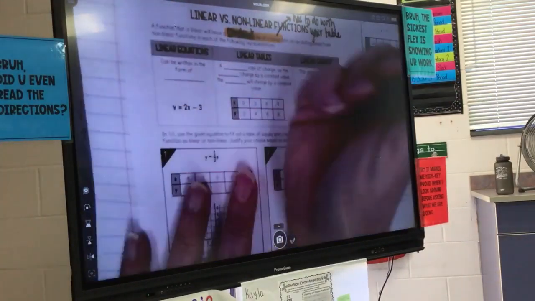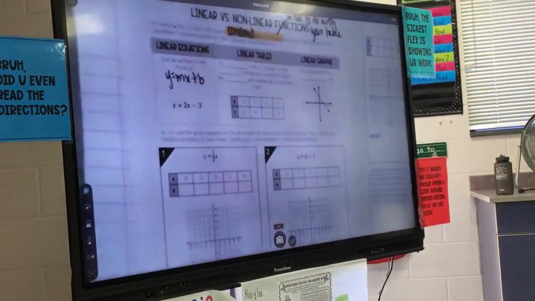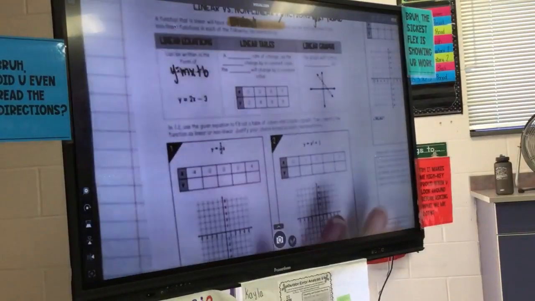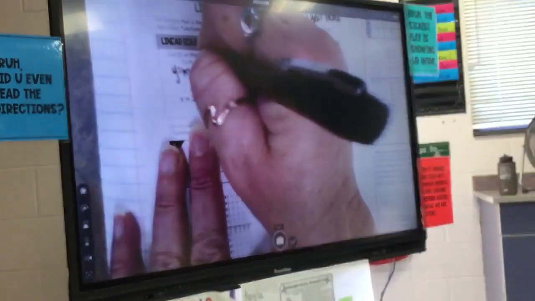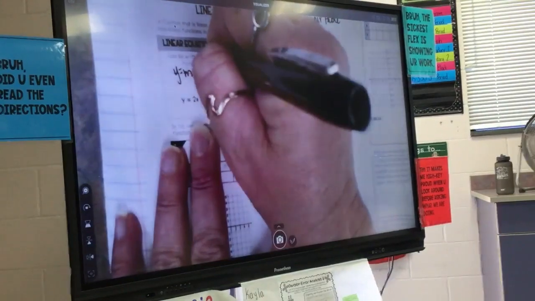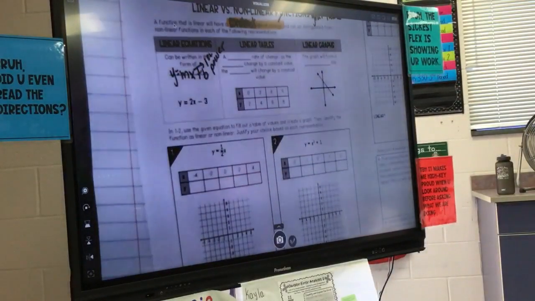So a linear equation can be written as y equals mx plus b, so it's in that format. And that format being that the x is to the first power. Okay, it's not squared, it's not cubed, it's to the first power.